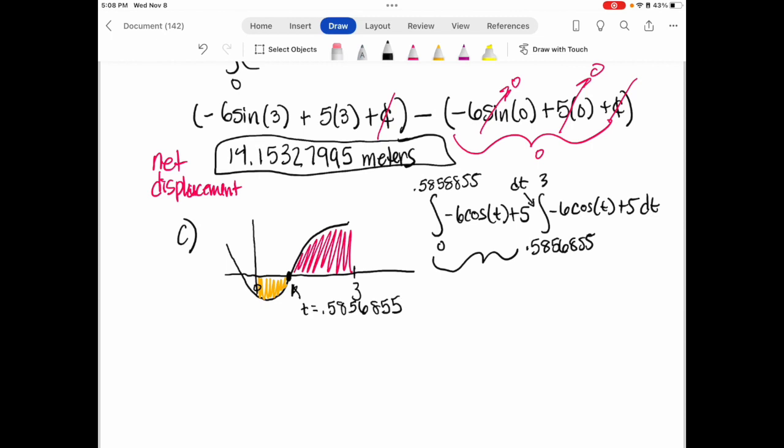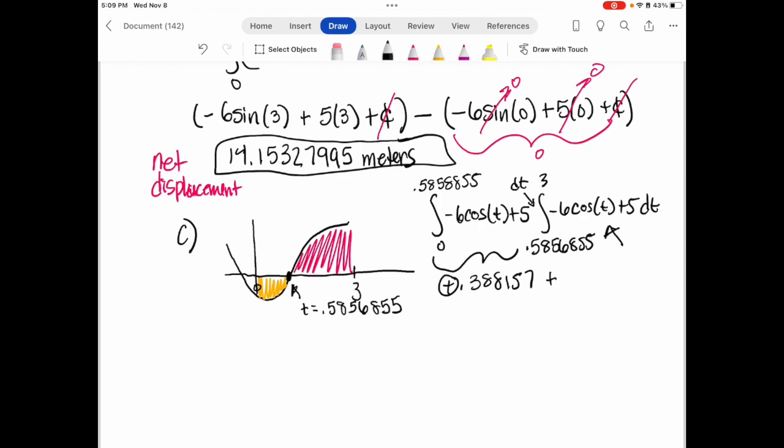All right, so when I evaluate this, I'm going to get 0.388157, and that's going to be negative. But we know we want to do the absolute value, so you want to make sure that you make it positive. And then you want to add it to this area.